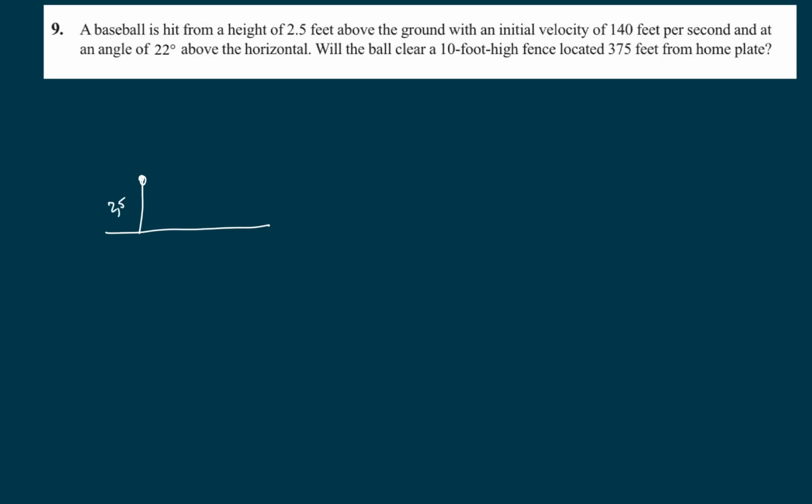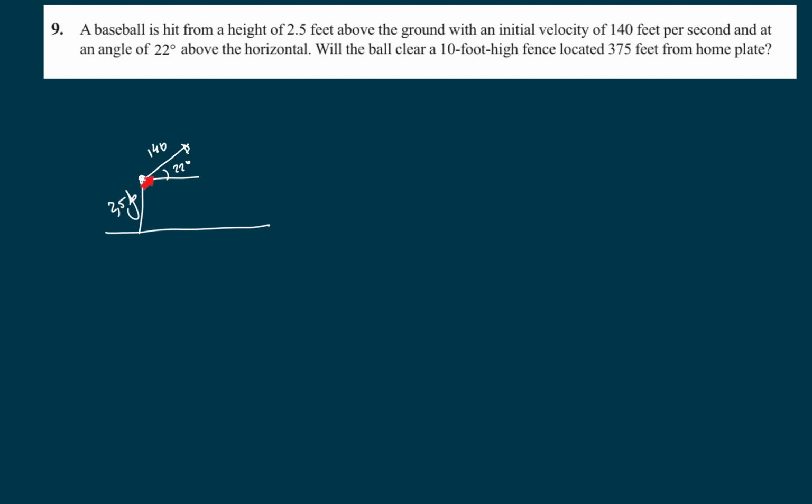The height is 2.5 feet above the ground with an initial velocity of 140 feet per second at an angle of 22 degrees. So the angle is now 22 degrees, and the initial speed is 140. So the magnitude of the vector in this direction is 140.